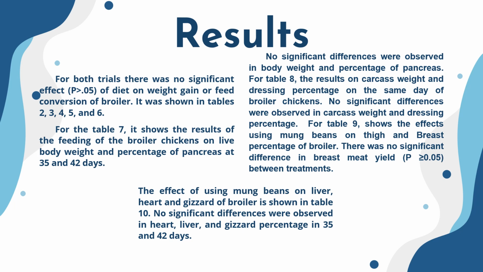Table 8 shows dressing percentage on carcass weight on the same days of the broiler chickens. Table 9 shows the effects of using mung beans on thigh and breast percentage. And table 10 shows the effect of using mung beans on liver, heart, and gizzard of broiler chickens. And the results from tables 7 to 10 reveal that there are no significant differences.